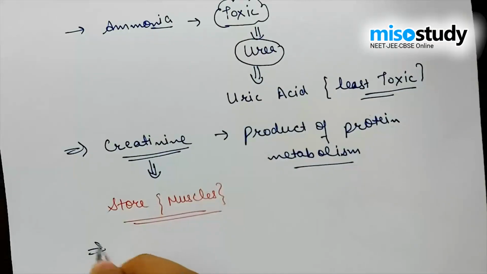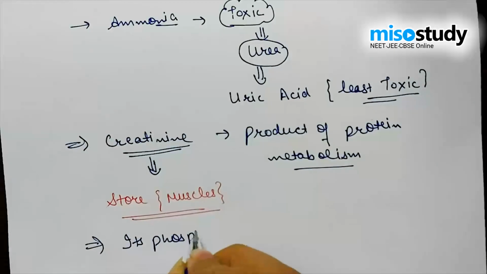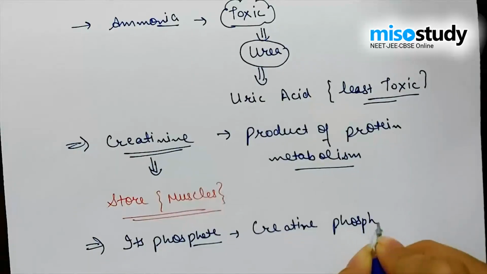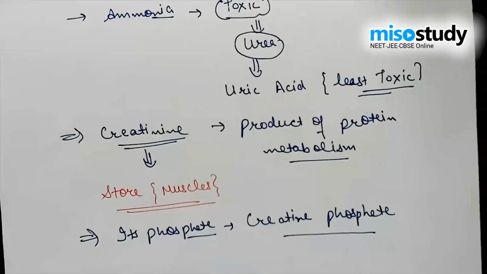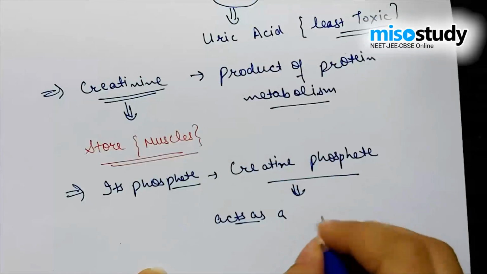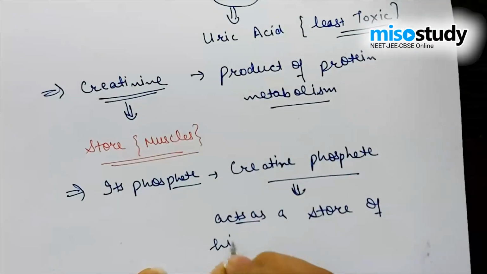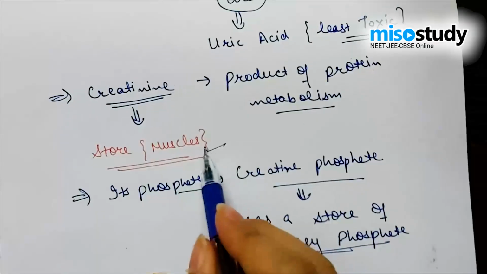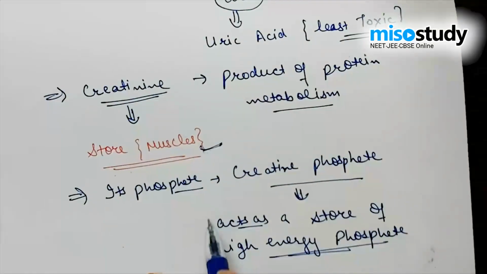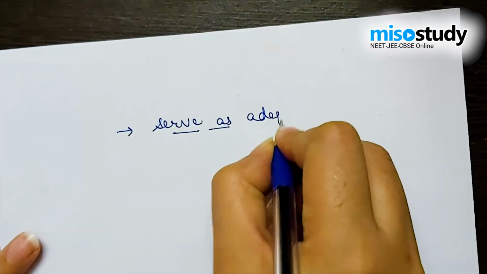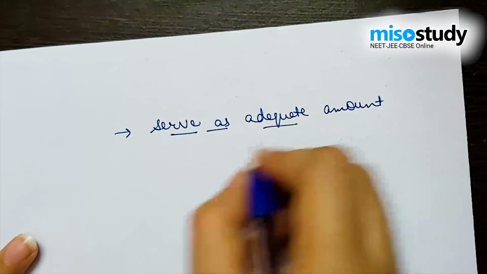Its phosphate, creatine phosphate, acts as a store of high energy phosphate in muscles, and also serves to maintain an adequate amount of ATP.